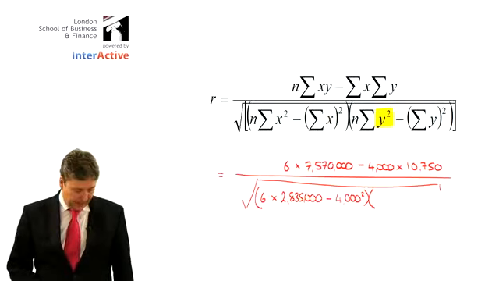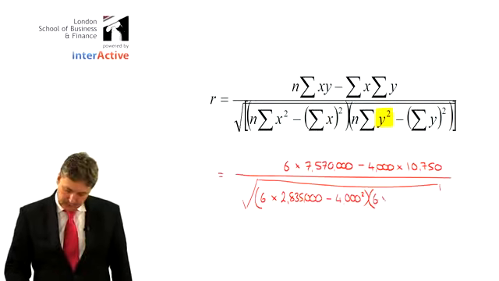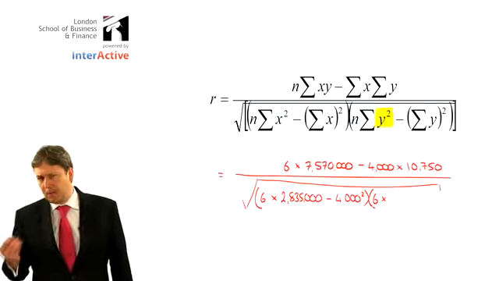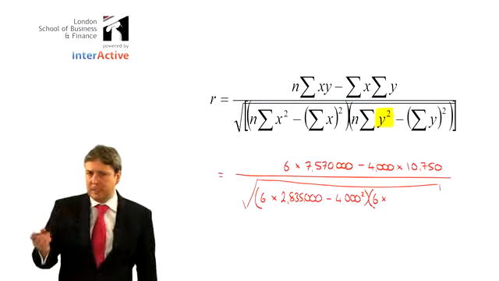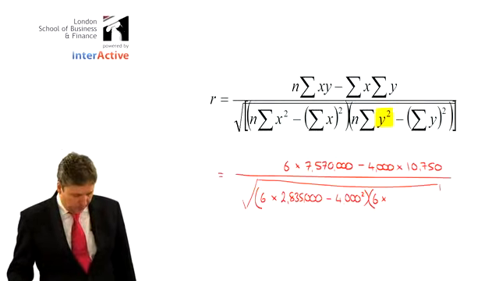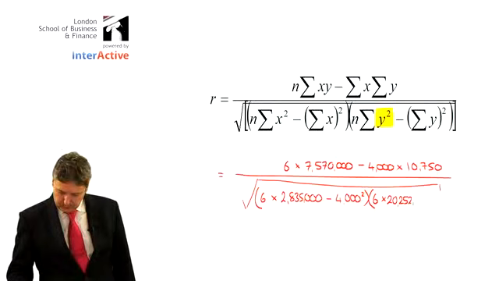And we multiply that by n multiplied by the sum of y squared. Remember, this was the value we didn't use earlier. The sum of y squared, 20,252,500, minus the sum of y, 10,750, all squared.